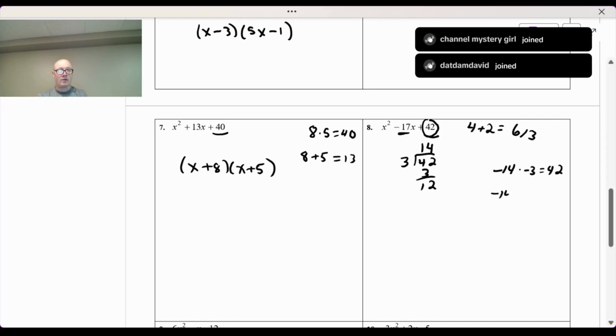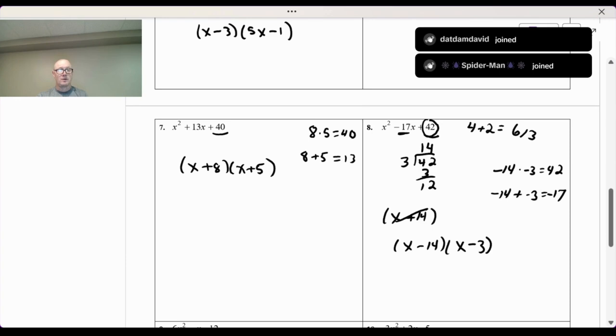But if I go negative 14 plus negative 3, I get negative 17. So that means that this factored would be x, I'm sorry, x minus 14 times x minus 3 as my answer. Okay.